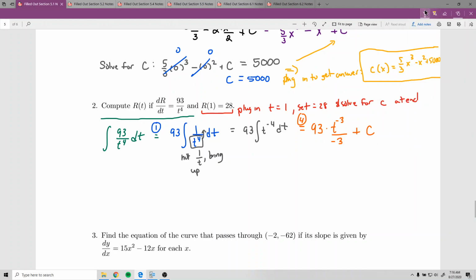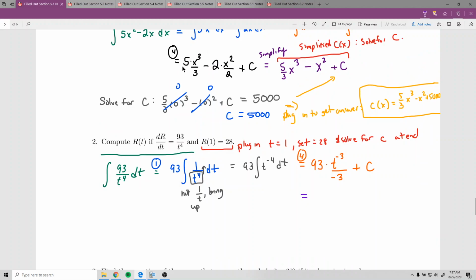And now, since this is one where you're plugging in something to solve for c, you might be most comfortable with changing that exponent back to a positive, but you could also just plug it in your calculator. But I'm still going to do what I said last time and simplify it a little bit.